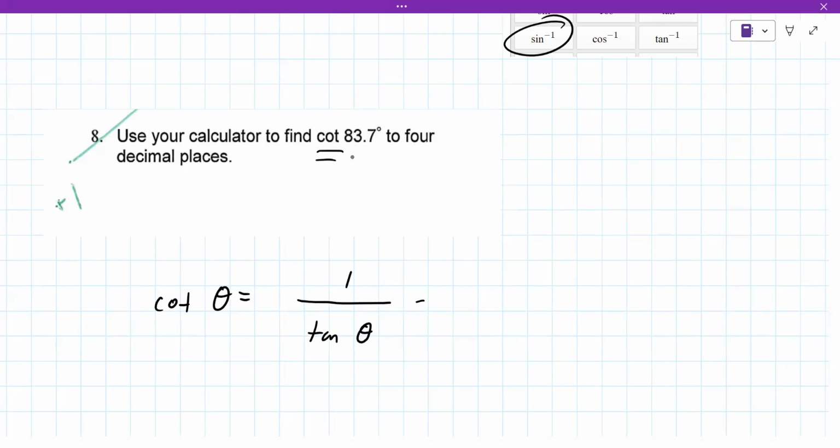So to do this problem, you have to write 1 over the tangent of 83.7. So go ahead and give that a try, please. Let me know what you come up with.